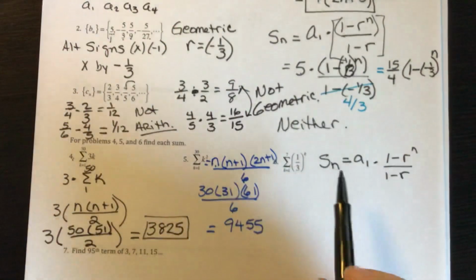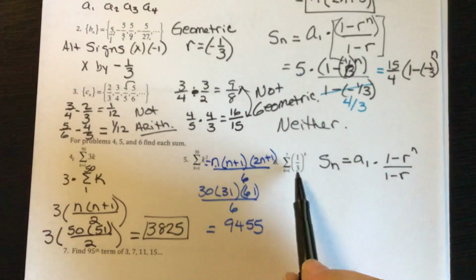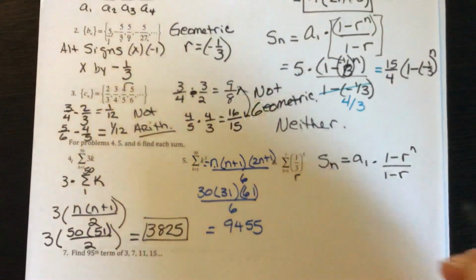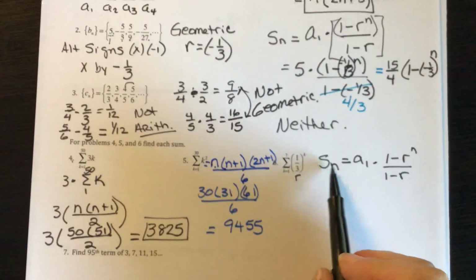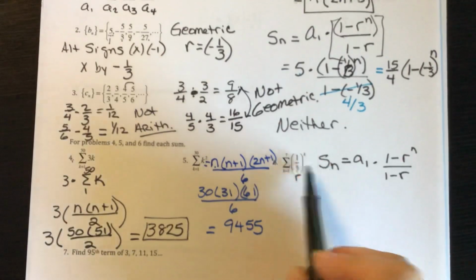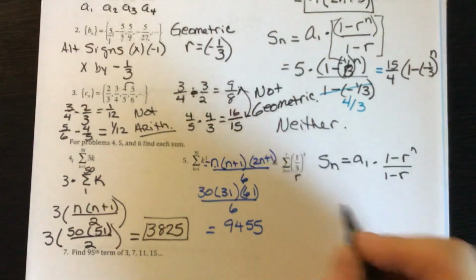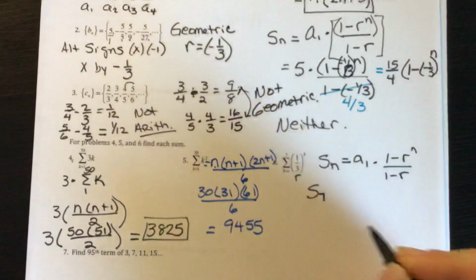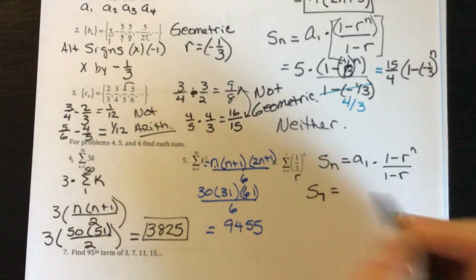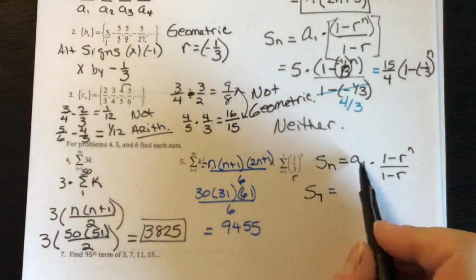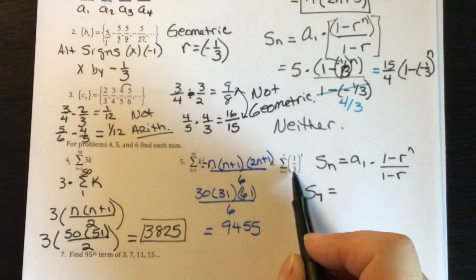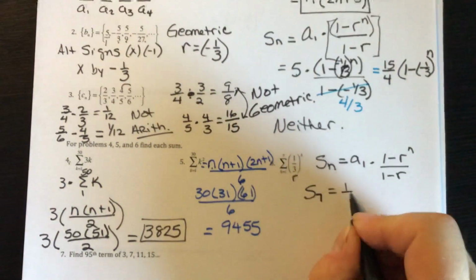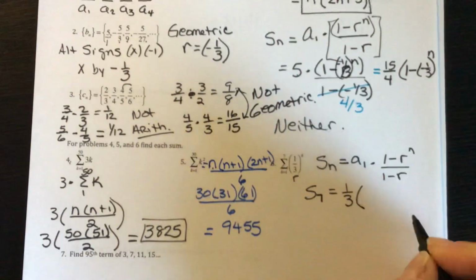All right, so this is a geometric sequence. My r is 1/3. So if I want S of n, the sum of the first 7 terms, so this would be S sub 7, my first term would be, if k is 1, 1/3 to the first power is 1/3. That's my first term.